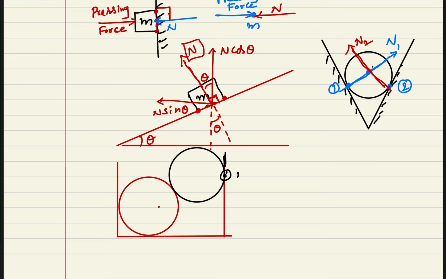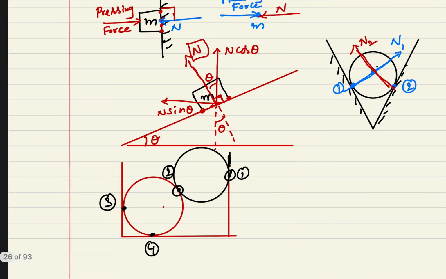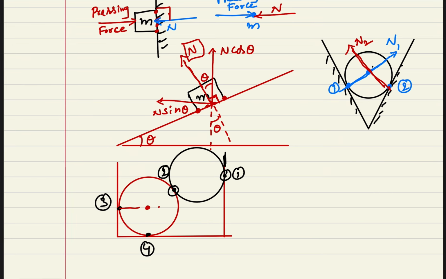Here one contact is there, here a second contact, here a third contact, and here a fourth contact. Now you can see the center of this body is like this. So the normal contact n3 is like this. Here the center is there, so towards the center it will act, n4. On one body n2 is like this. On the other body n2 will be in the downward direction. Similarly, n1 will be towards the center of the other sphere.